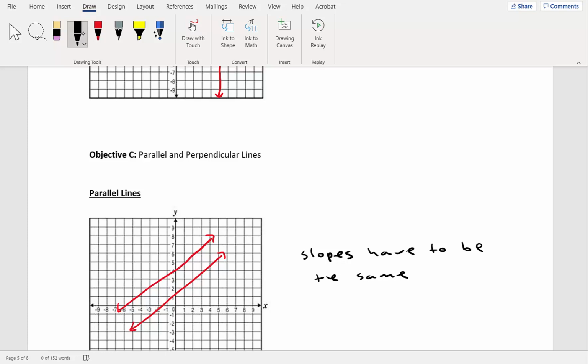So if you have two lines with the same slope, that indicates that they are parallel lines. Unless, of course, it's the same exact line. Then they would not be parallel because they intersect each other at every point. So it has to be a different line, and if the slopes are the same, that means that they are parallel.